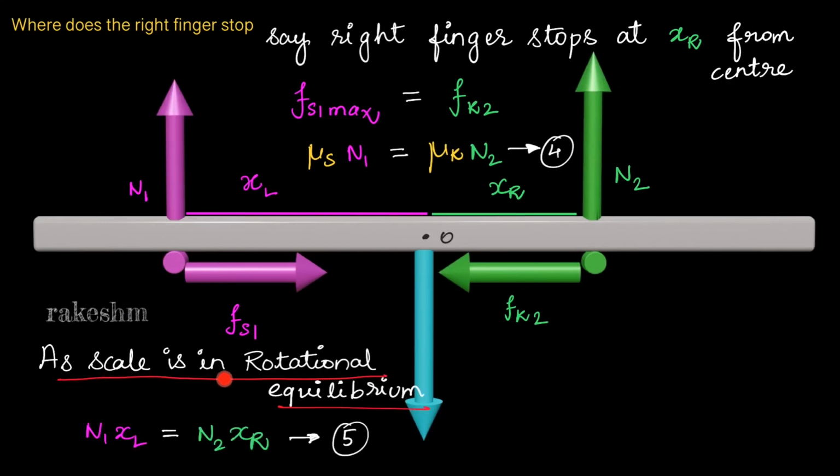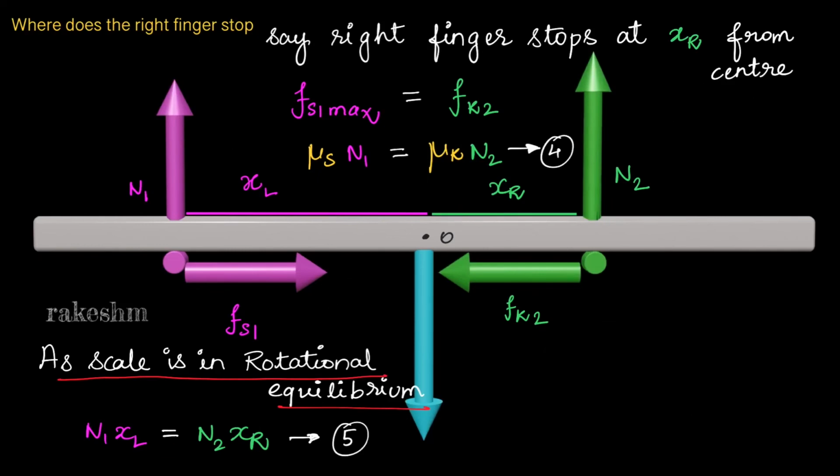Next, as the scale is in rotational equilibrium, we take the torque about its center. The torque about its center is 0, which means the torque due to N1 should balance the torque due to N2. So N1 into XL must be equal to N2 into XR.